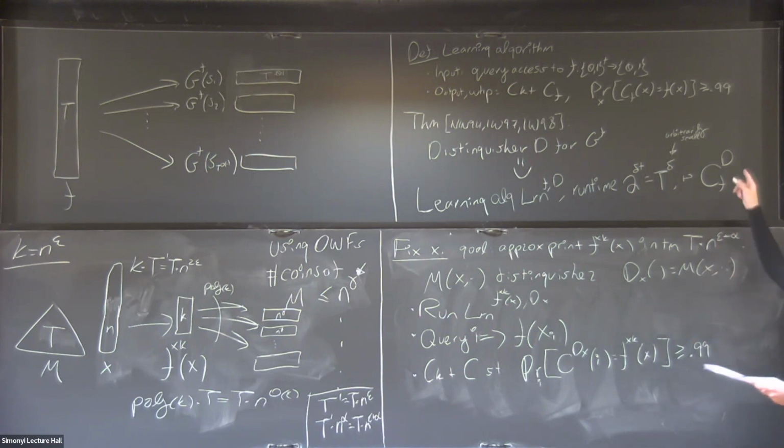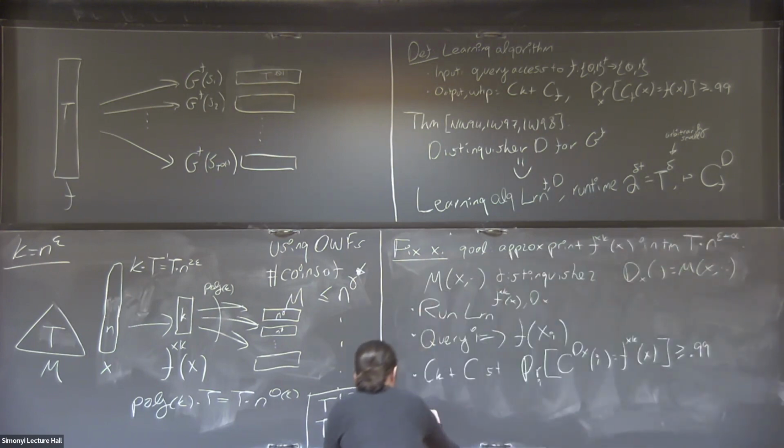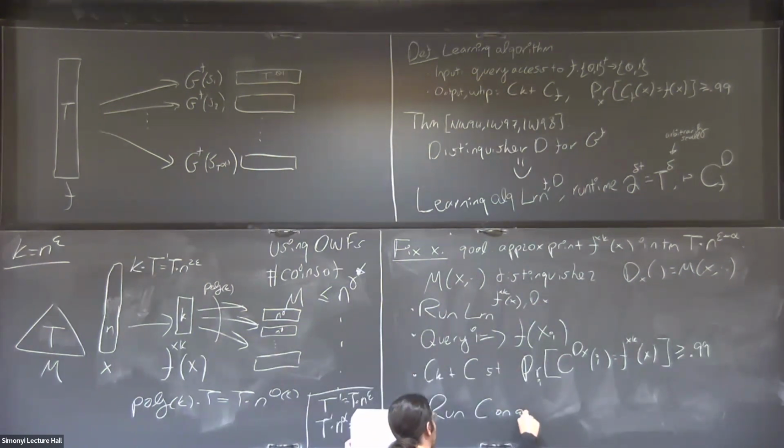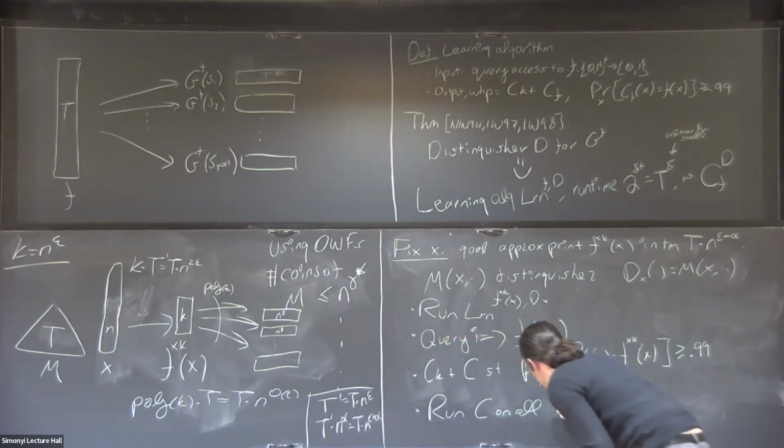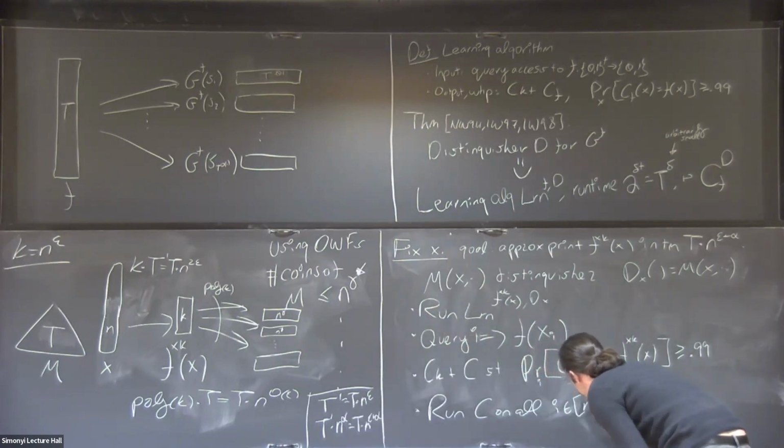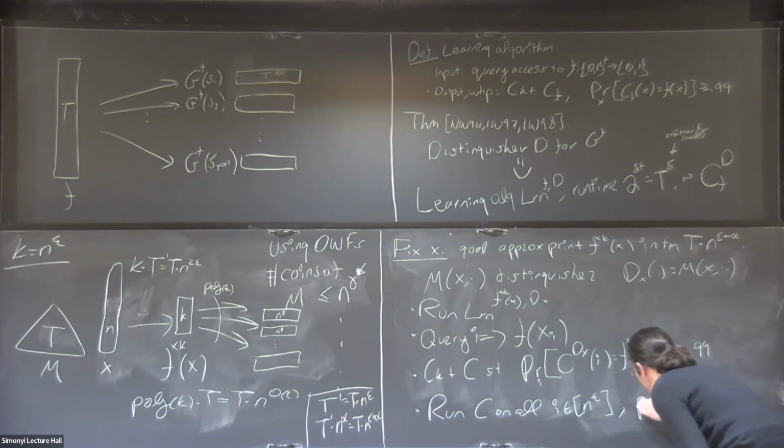This is the guarantee from the learning algorithm above. And the last thing that we do is that we run C on all of the indices i, and we print the outcome.